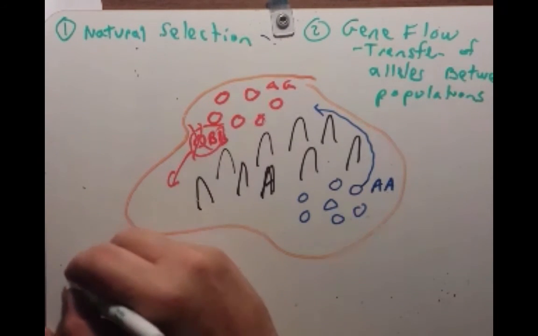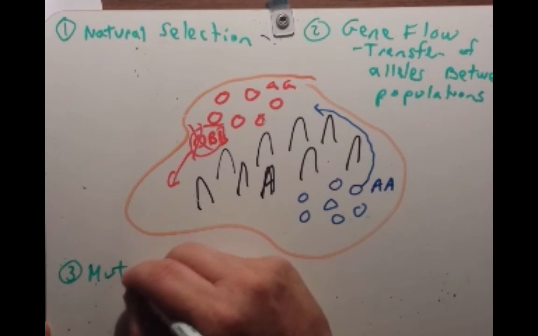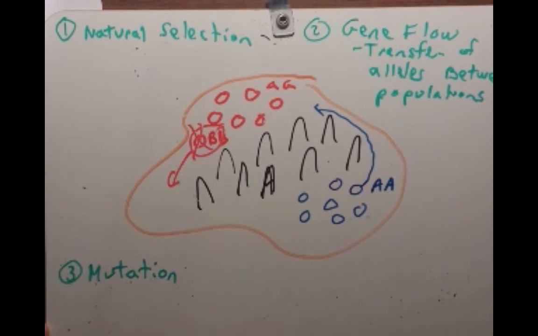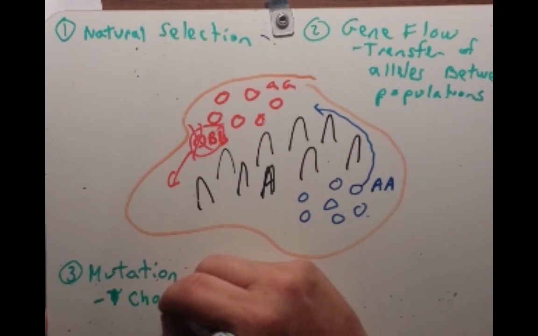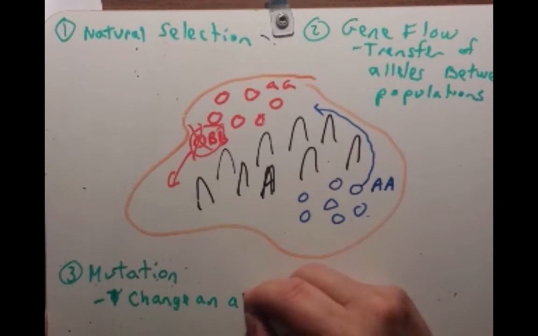Another way would be mutation. Your book doesn't specifically mention mutation, but it's an important one to consider because this is how we change an allele.